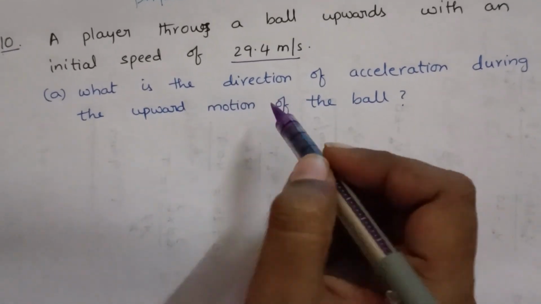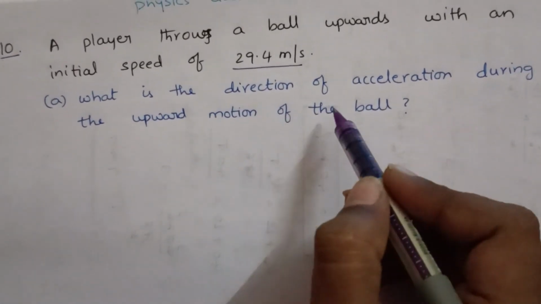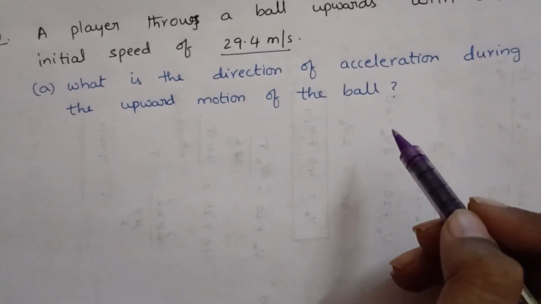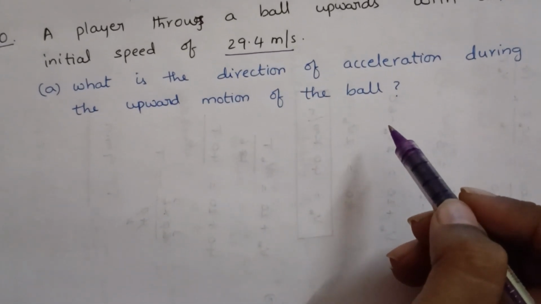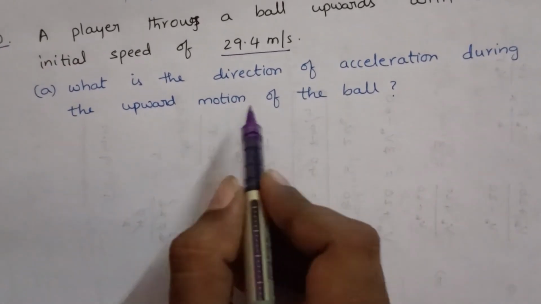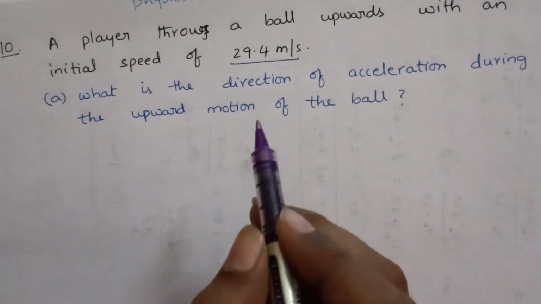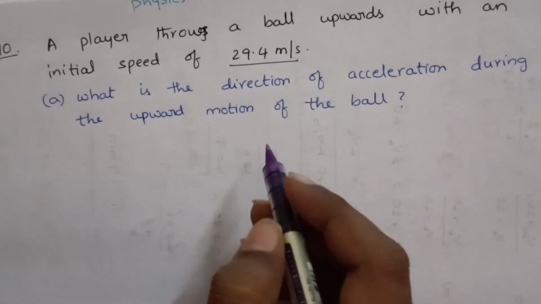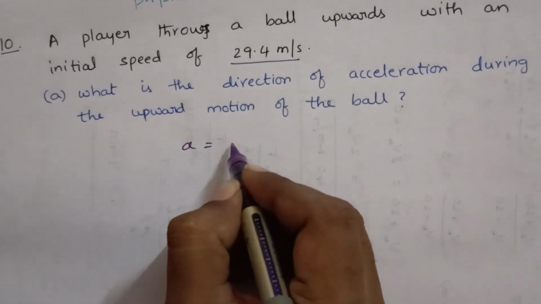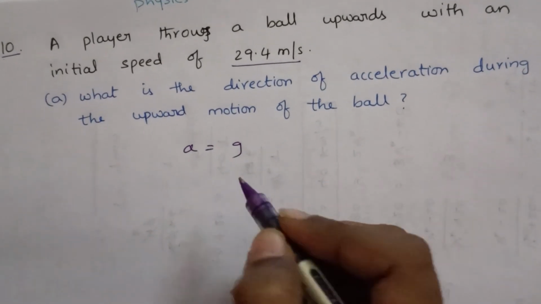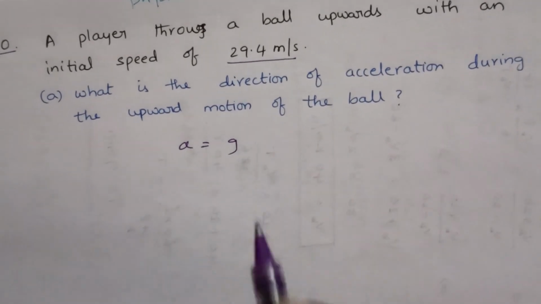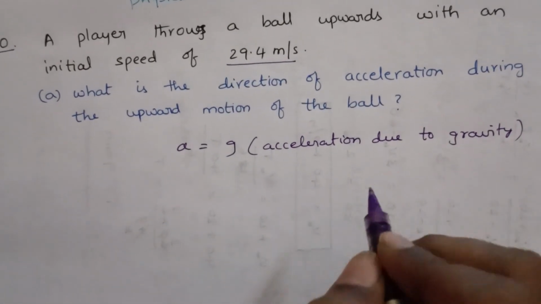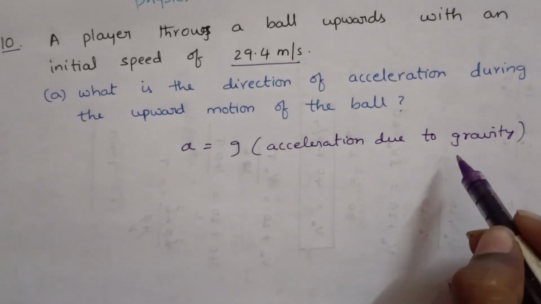In the first question, what is the direction of acceleration during the upward motion of the ball? Now see here, when the ball is going upward or downward, acceleration a becomes g. Acceleration is the acceleration due to gravity, because of the gravitational force.